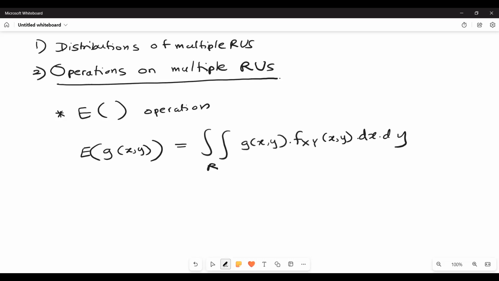We need to include the relevant regions of x and y in these integrations. Once we do that, we can define the expectation value, or the average value, of that function that is defined by two random variables, right?